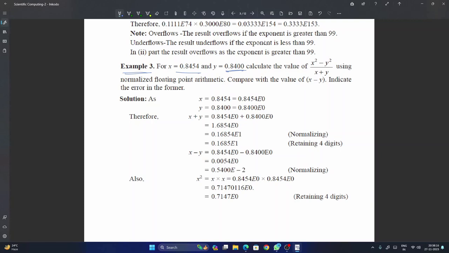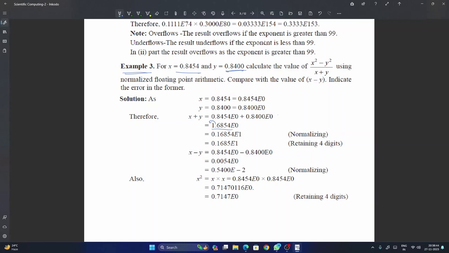So x plus y will be simply the sum of these two, and after the summation you can see it will be 1.6854. Now this is not a normalized form, so to make it normalized you have to shift the point to the left, so the exponent will be increased by 1. So it is 0.16854 E1.